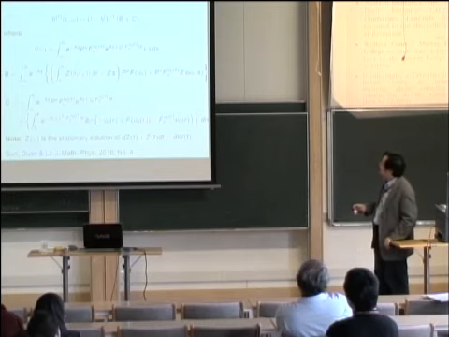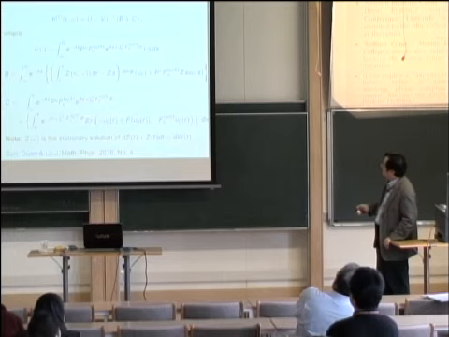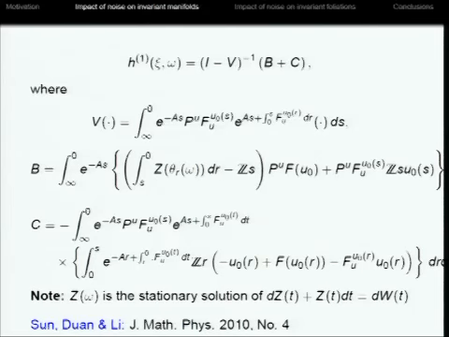Okay, now B was B, and B plus Z. B is also computable. Now what's Z? This Z is a different Z. This Z is the stationary solution for the Ornstein-Uhlenbeck equation or Langevin equation here. The same noise there, and this is a linear equation. Now this stationary orbit is known.